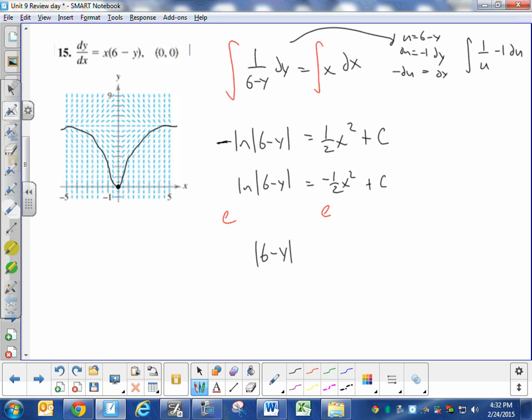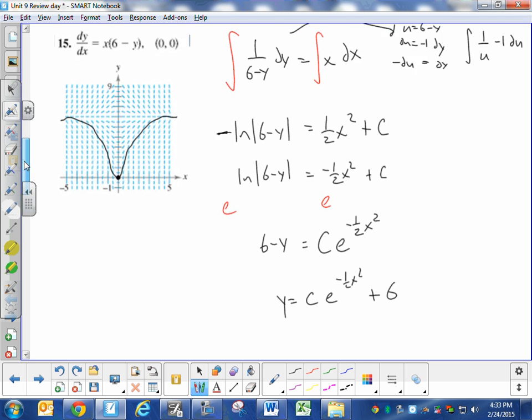We have 6 minus y is equal to, this would just be c e to the negative 1/2 x squared. And then, of course, I can get rid of these absolute values because c can be positive or negative. Solve for y, subtract 6, divide by negative 1. Y will equal this c e to the negative 1/2 x squared plus 6.